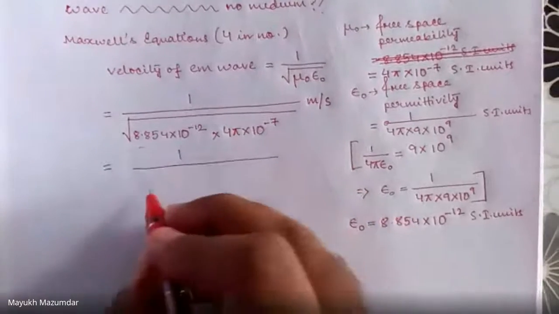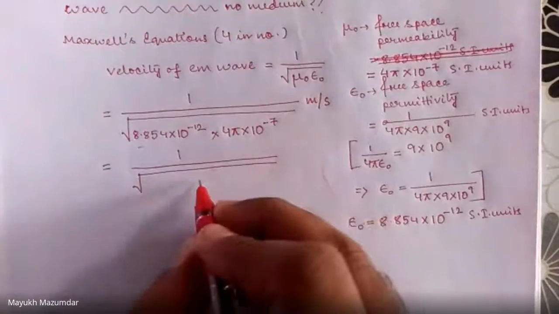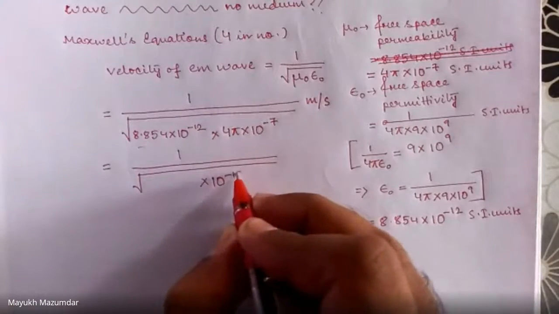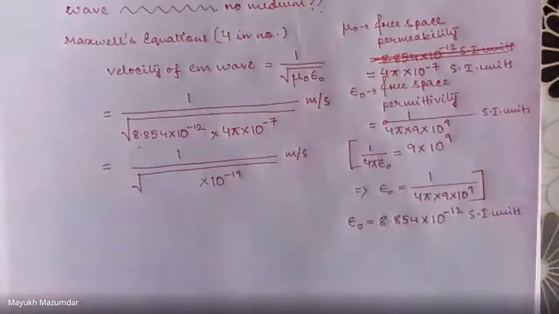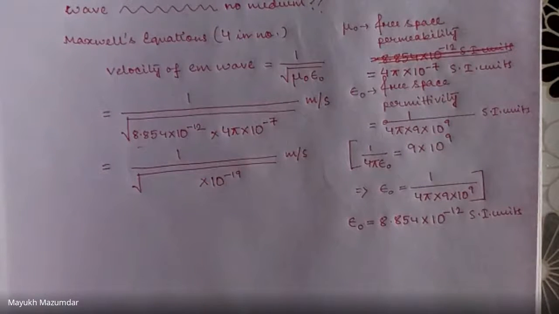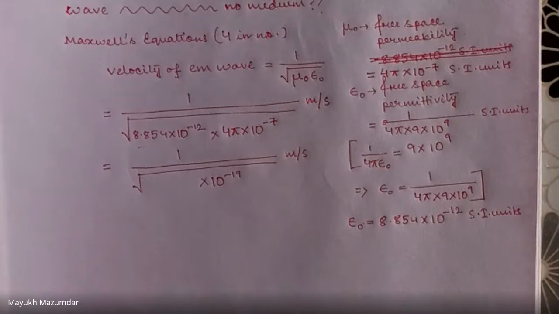So let us try to multiply this thing. This would be 10 to the power minus 19, and calculate the magnitude. 8.854 into 4 into pi.